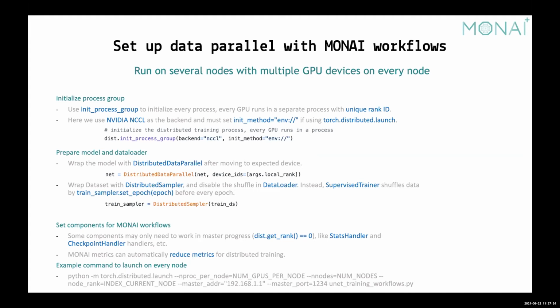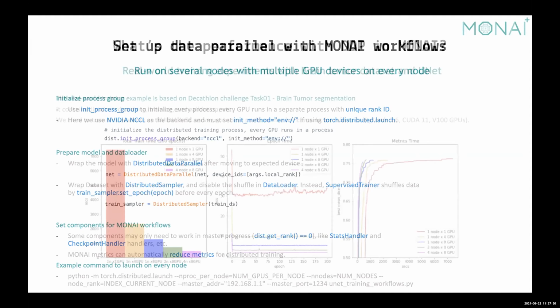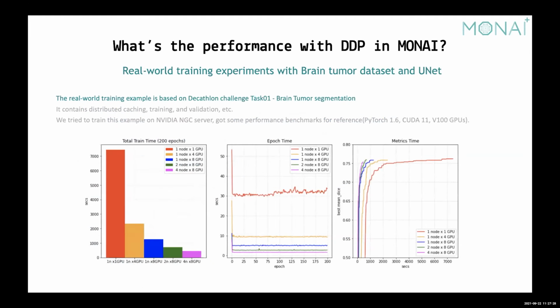And here are some test results of distributed training with the brain tumor segmentation task. With more GPU devices, we can achieve obviously faster training speed. As you can see in this chart, we tested with 1 GPU, 4 GPUs, 8 GPUs, 16, and 32 GPUs.